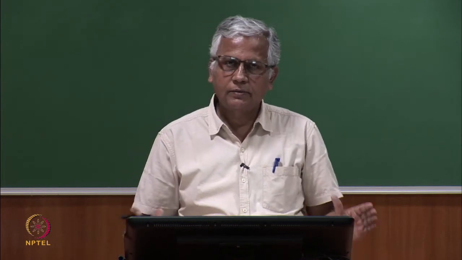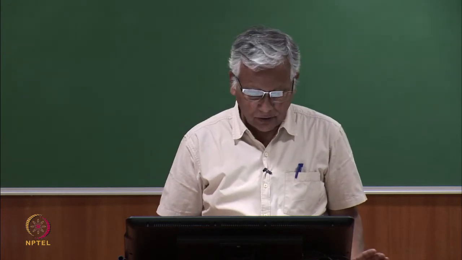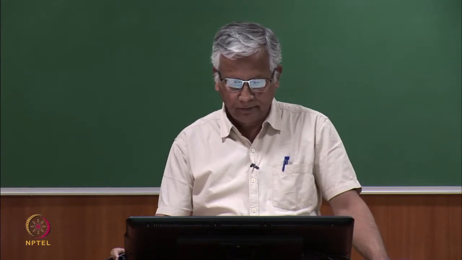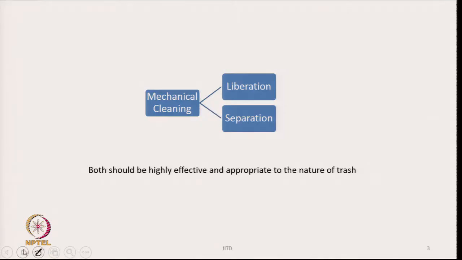So, that is the separation part. So, cleaning has always two aspects, liberation of trash particles, and this should be immediately followed by separation of trash particles, and both should be highly effective and appropriate to the nature of trash that we have in cotton.